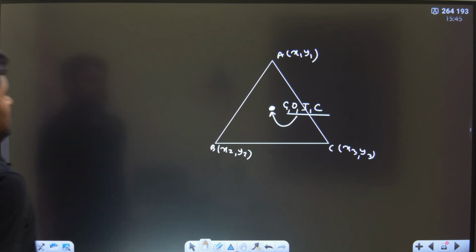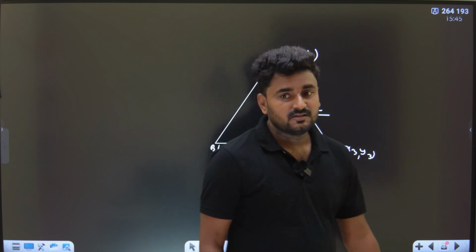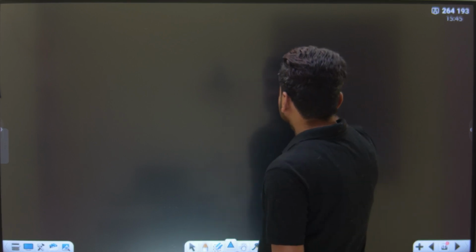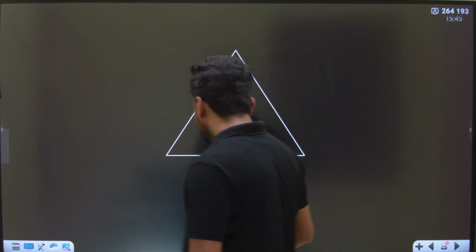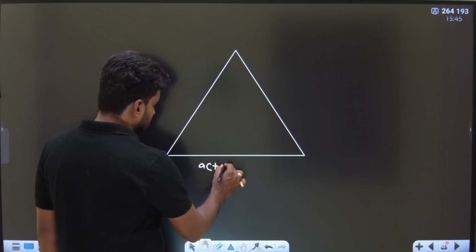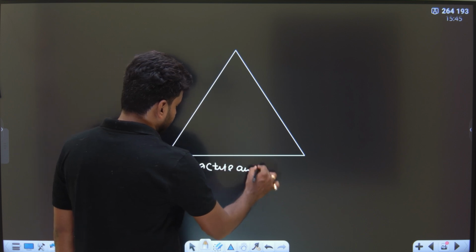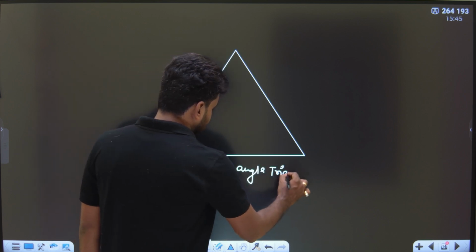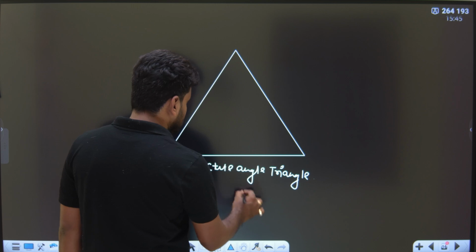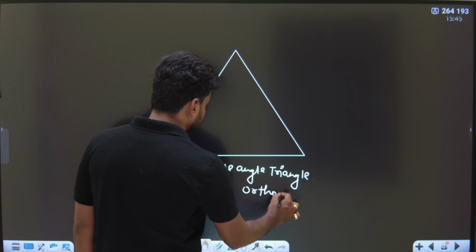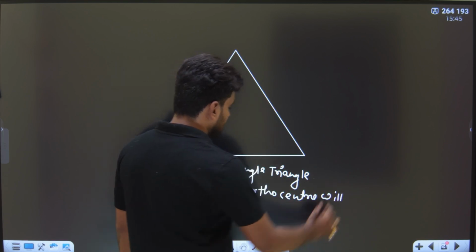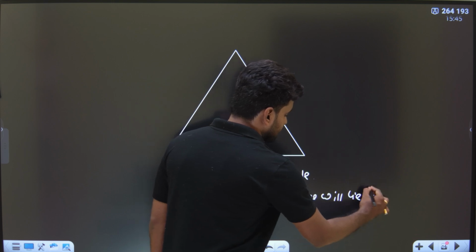Now the next property: suppose the triangle is an acute angle triangle. In case of an acute angle triangle, the orthocenter will lie inside the triangle.